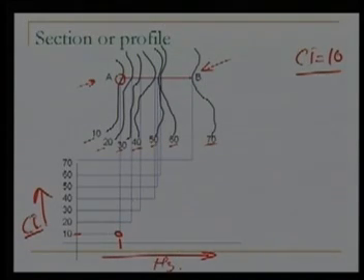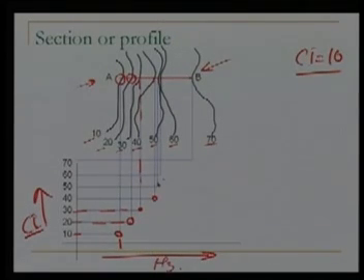Then the second point, which is cut by the contour of 20 over here, horizontally along this line is here, and vertically 20. The intersection of these two gives the point. Similarly, for the third point, where this line intersects over here is the point, then for the 4th, 5th, 6th and all of these.